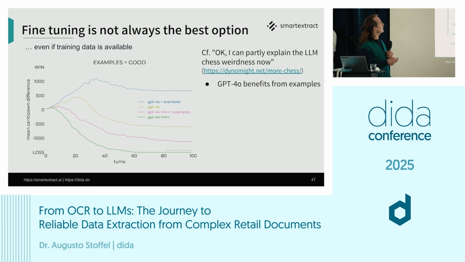So I'm going to get there. But let me explain what this is. This is about having an LLM play chess. Okay? And what's happening here is in these graphs, you're getting some LLM. So say this curve is for GPT-4o, right? You have the LLM playing chess against a chess engine.